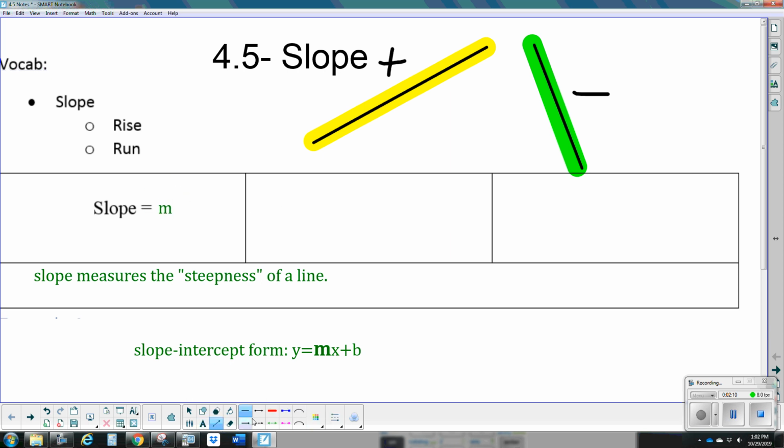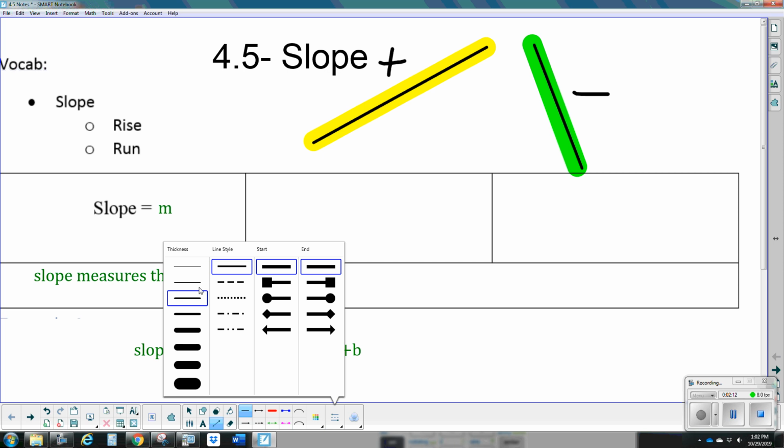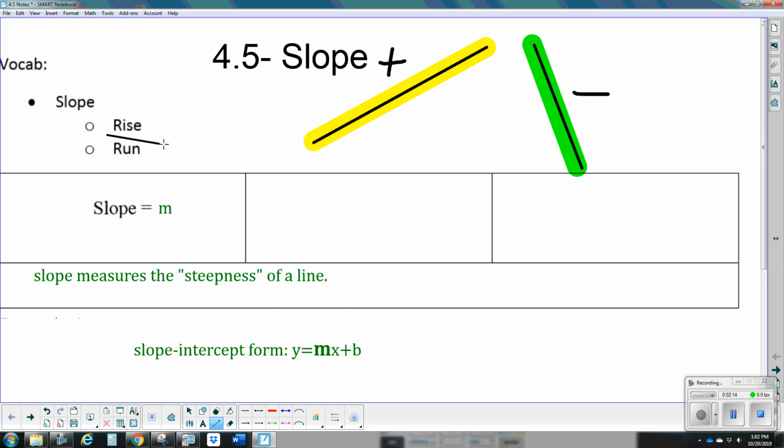We also learned in algebra that slope can be calculated as the rise over the run. We can define rise as the change in our y values, and we can describe run as the change in our x values.